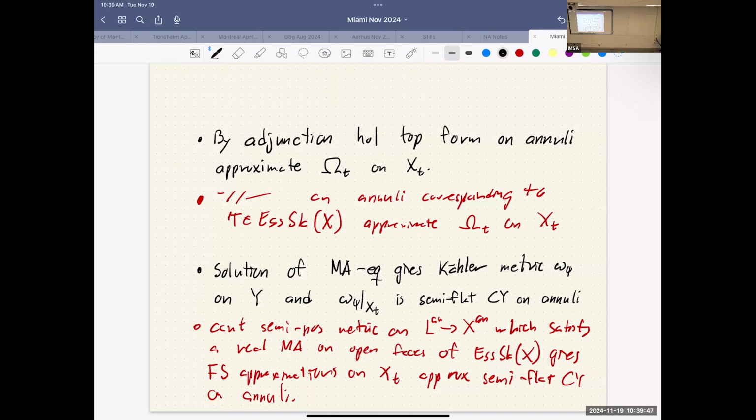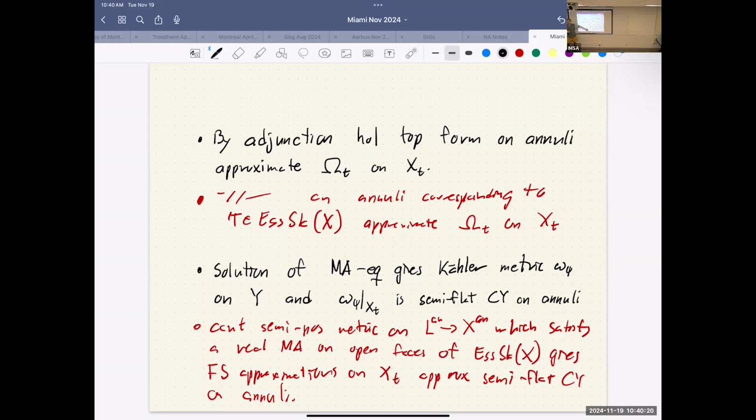Does this continuous semi-positive metric on the line bundle on the analytification have some uniqueness properties, if they exist, like the Calabi-Yau metrics? You mean these continuous metrics on L? Yes, they are unique.